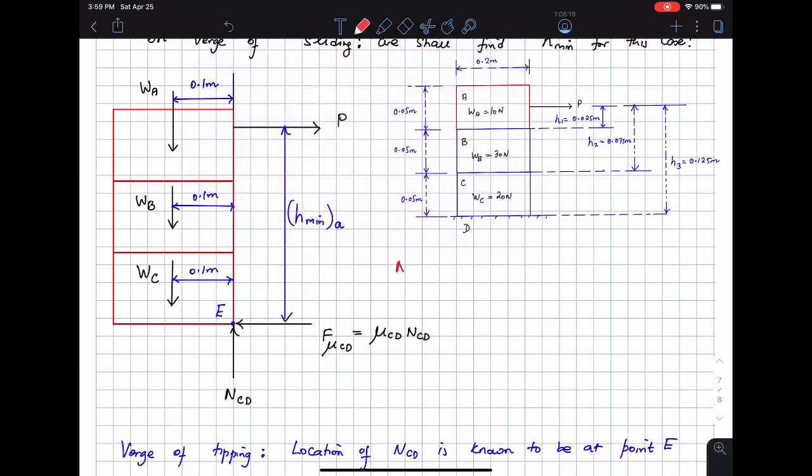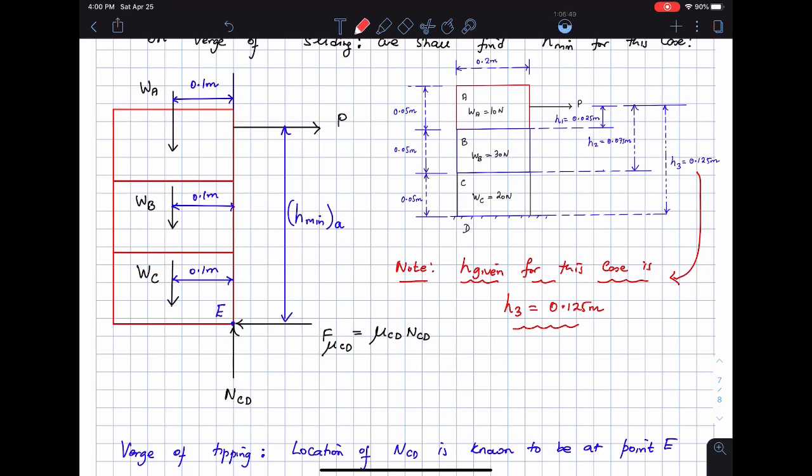So note, H given for this case is H3 equal to 0.125. As you can see, that is that creature there.